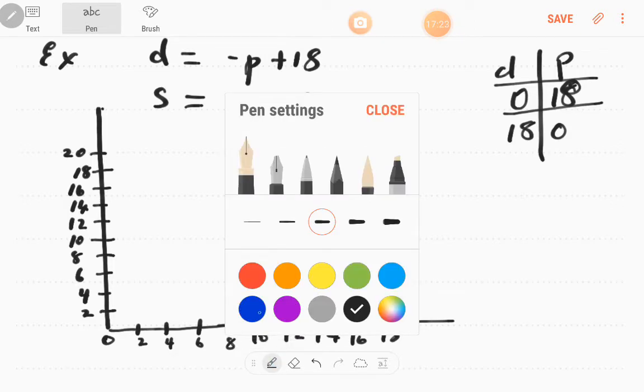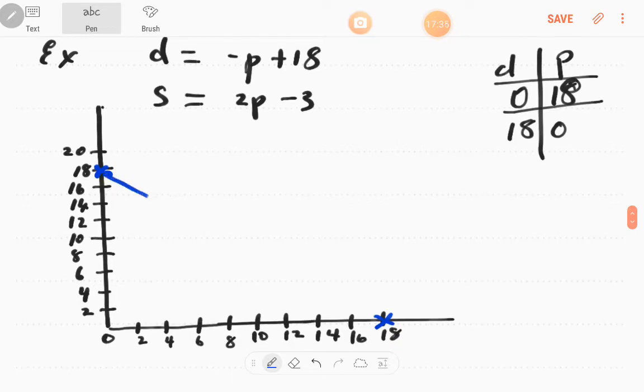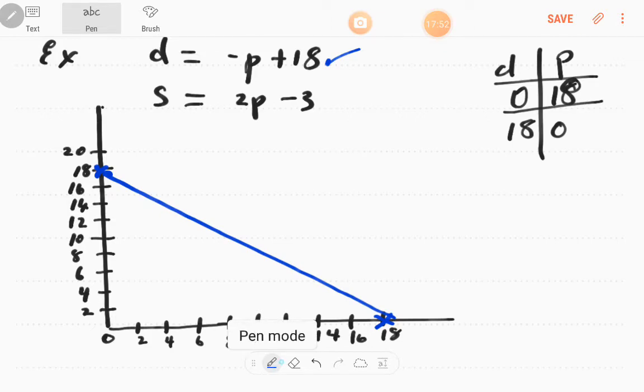I'll do this in a different color. Okay, so that's the demand curve drawn in blue. And now we can do the supply curve.